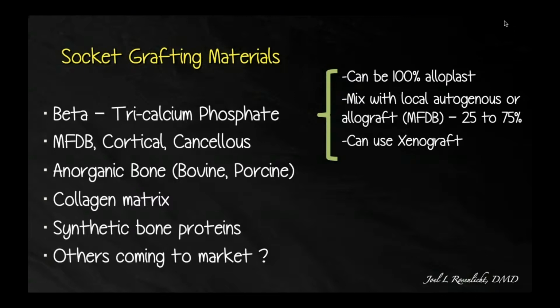But whatever anybody wants to use, this is a decision made by the surgeon based on the site they're operating on, the materials they feel most comfortable with and have had the best results with. And handling characteristics are definitely important. I'll talk about how we handle some of these materials also, but that's going to be for July.